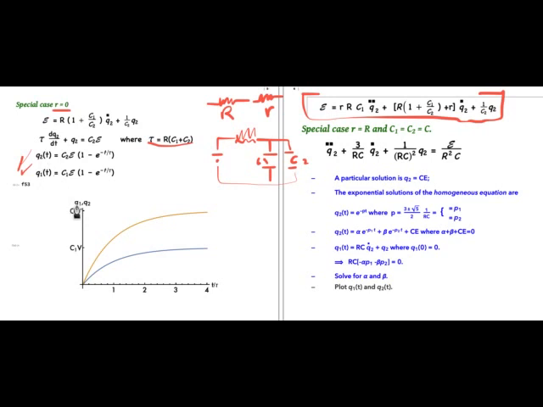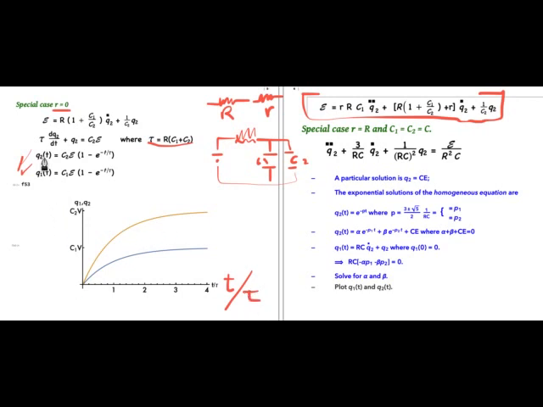Now, if I make a graph of Q1 as a function of t in units of tau, so I'll plot it as a function of t divided by tau. Tau is the time constant for the combined capacitance.